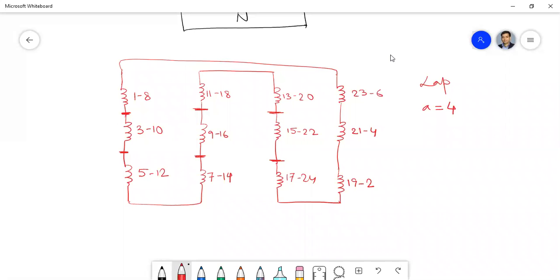Now, as I told you, the current will flow in the upward direction, from the 5/12 coil to the 1/8 coil. Now, what will be the current direction in the next path? Is it upward or downward?